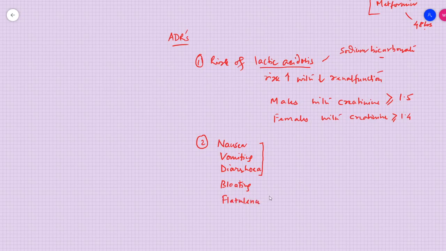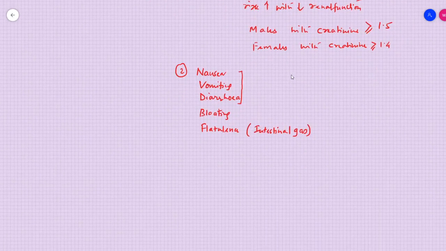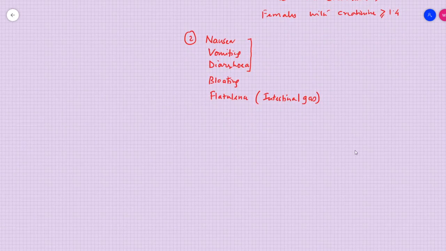What is flatulence commonly called? Yes, it is intestinal gas. Okay. And then there is another effect higher up in the GIT, and that is the patients might feel a metallic taste. Okay, and this is kind of unpleasant.